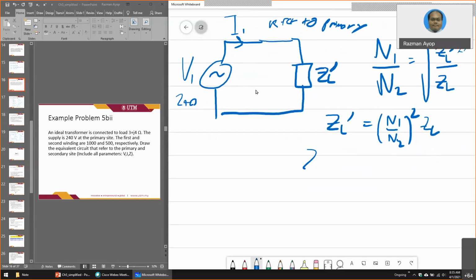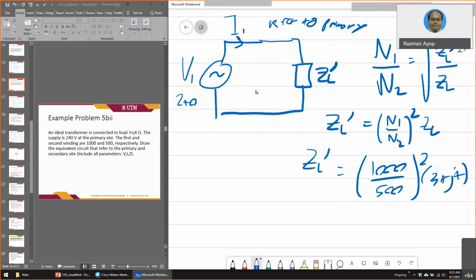So ZL prime is 1000 divided by 500 squared times 3 plus J4. So you get ZL prime equals 12 plus J16.